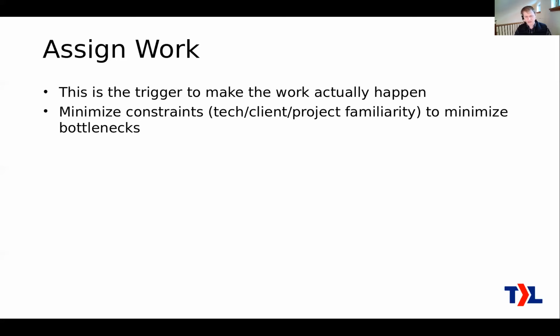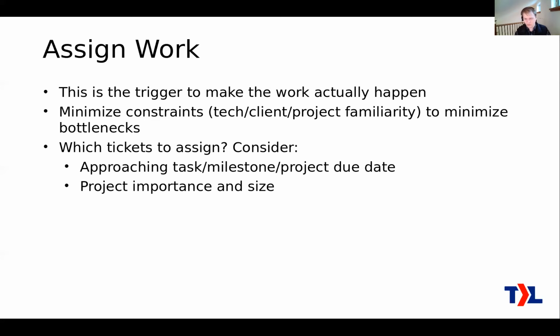If it's a problem because only 1 person knows anything about a certain project, well, then you've got to improve your documentation so that other engineers can get up to speed really quickly, because they don't have to talk to the engineer who knows what's going on. All they've got to do is look at the documentation. So those are a couple of ways that you remove those constraints so that you can assign the work more uniformly in your team and remove those bottlenecks.